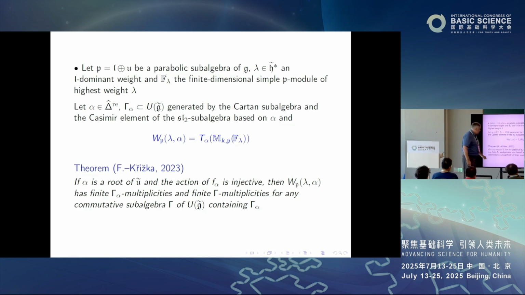And then, suppose we choose alpha to be a root of, remember this was affinization of U here. So I don't want alpha to be a root of L because it doesn't make sense to apply T alpha to F lambda because it will kill it.